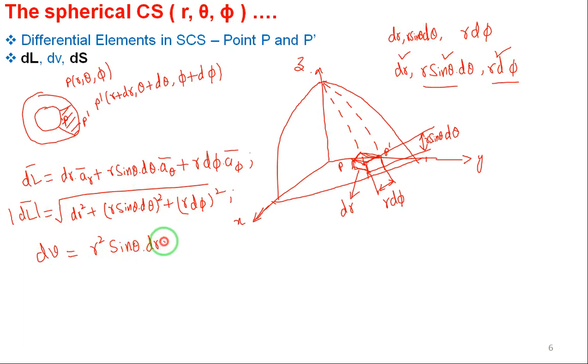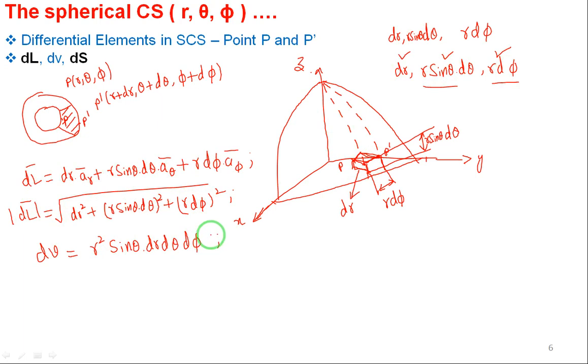Just multiply length into breadth into height, the three sides. r into r is r square, sin theta as it is, dr d theta and d phi. This is the differential volume and it is a scalar quantity.